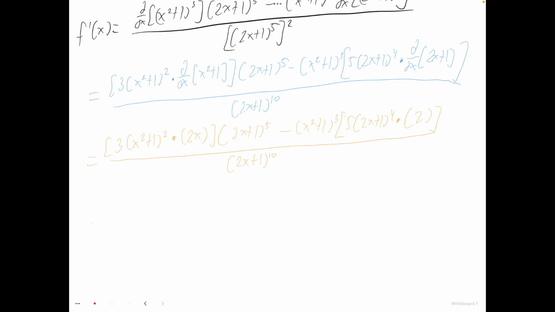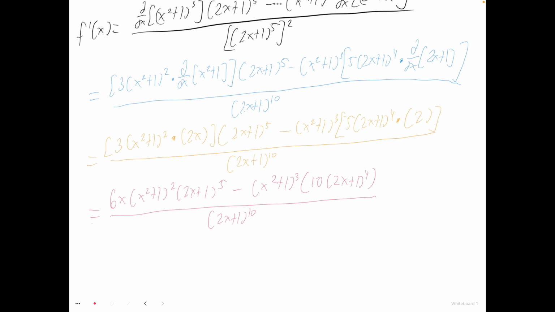So now we're going to multiply things out to simplify. So we're going to have a 6x times x squared plus 1 squared times 2x plus 1 to the 5th for our first term, minus x squared plus 1 cubed times 10 times 2x plus 1 to the 4th, all divided by 2x plus 1 to the 10th.